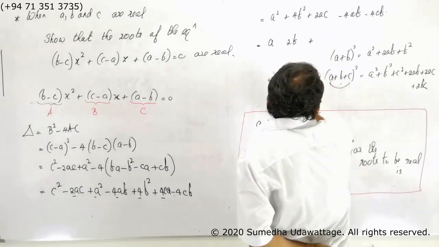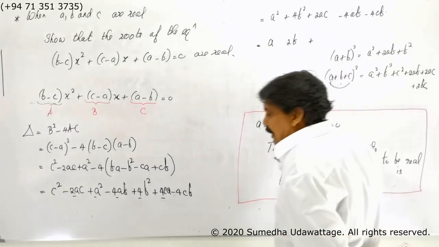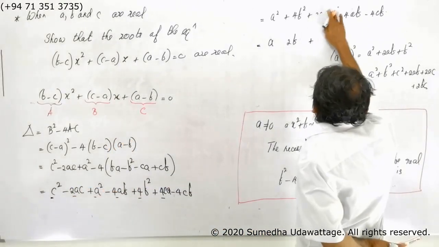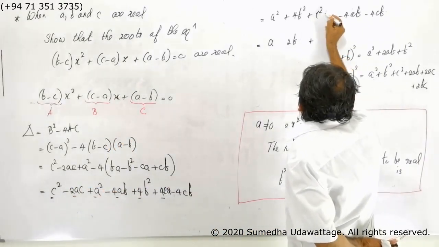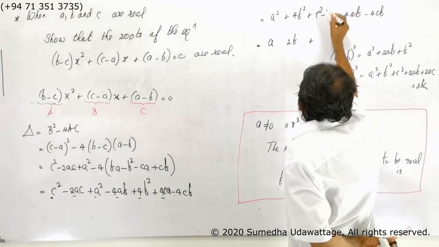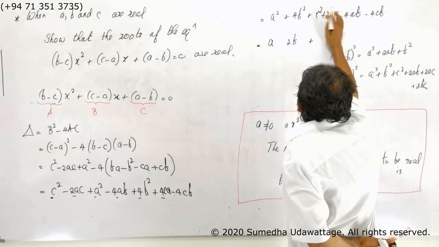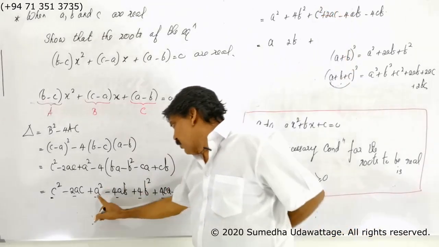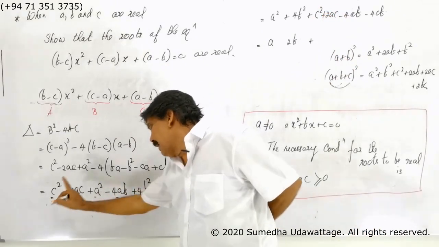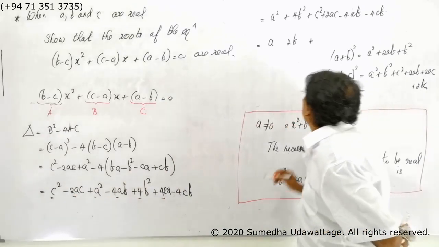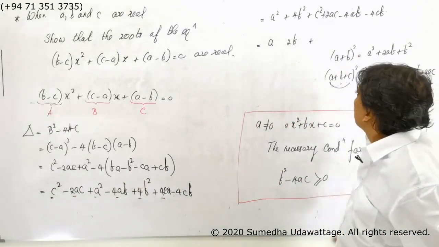For a squared plus b squared, I have not taken the c squared yet. Then you get plus 2ac. So a squared, 4b squared, c squared, minus 2ac plus 2ca is plus 2ac.